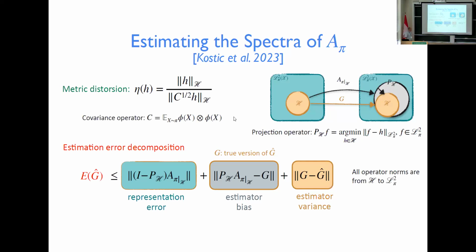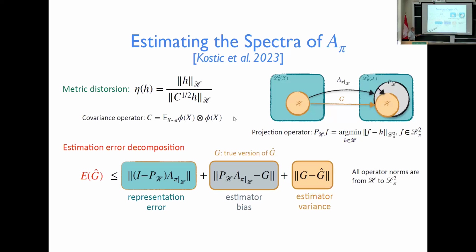And for the estimation error, to bound it, we do an error decomposition in which we see the interplay between approximation error and estimation error, or estimation variance.